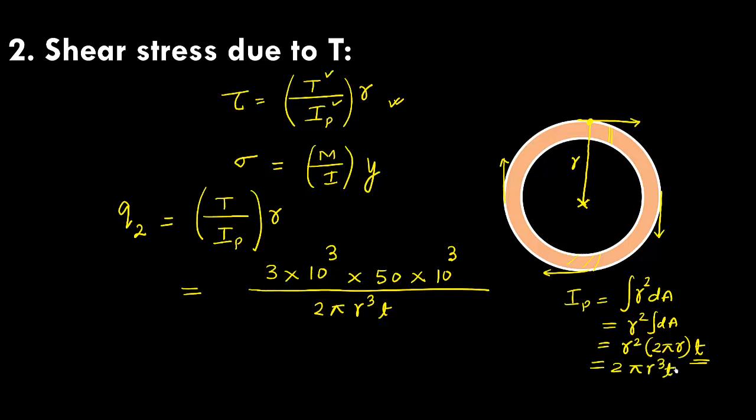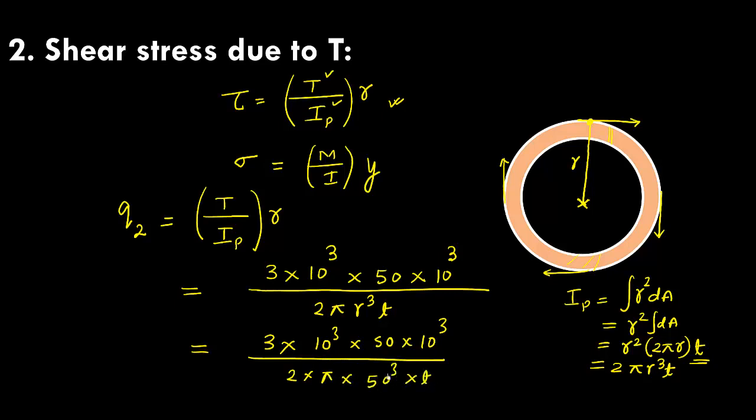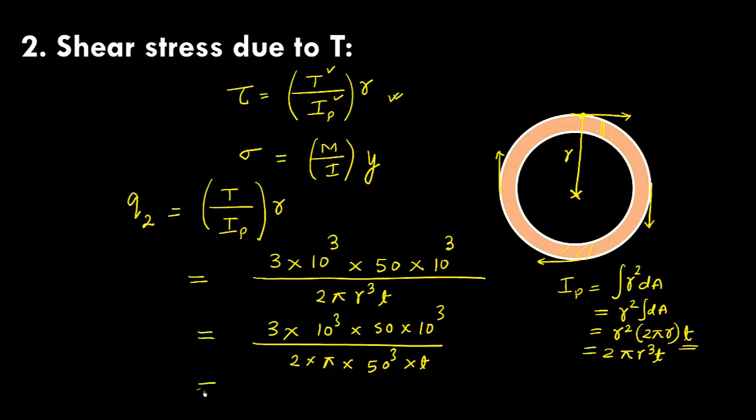Now I can plug in the values. So 3 into 10 to the power 3 into 50 into 10 to the power 3, divided by 2 into pi, radius is 50 mm cubed, and thickness is T. If I calculate all this, it turns out to be 191 divided by T Newton per millimeter square.